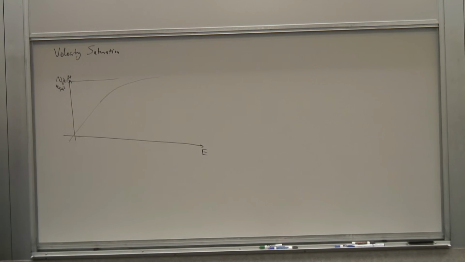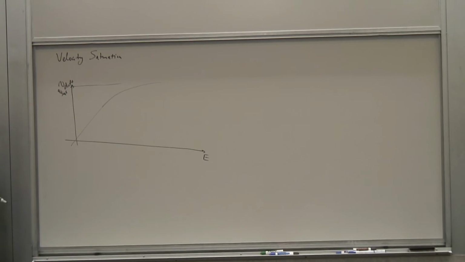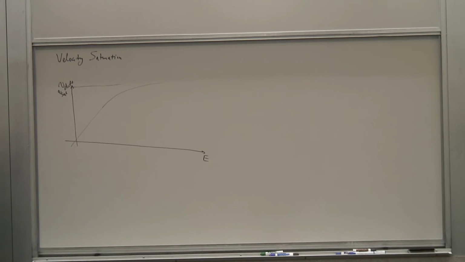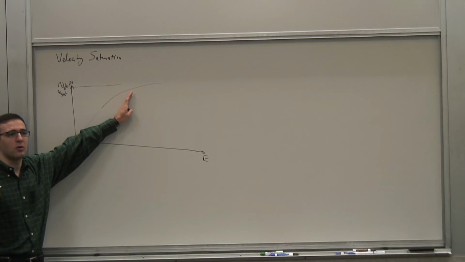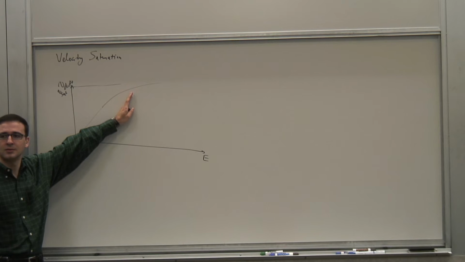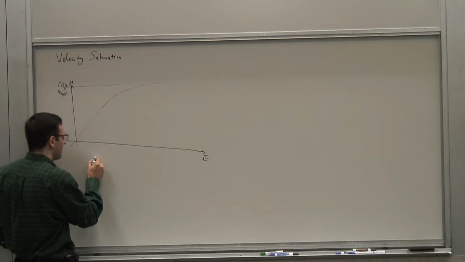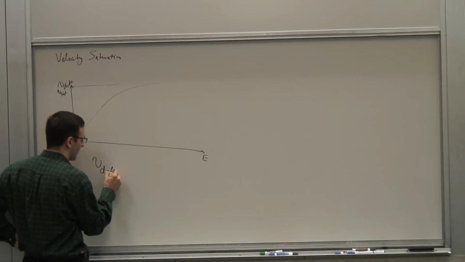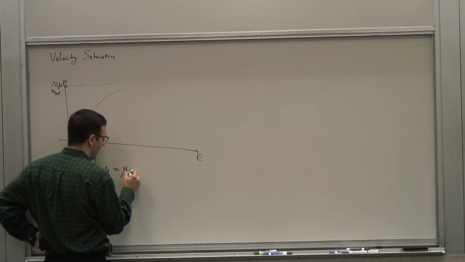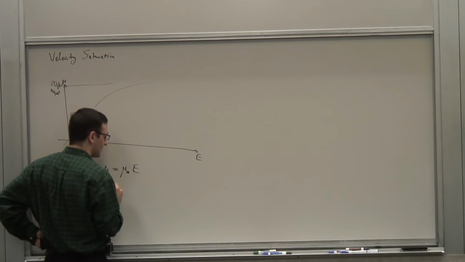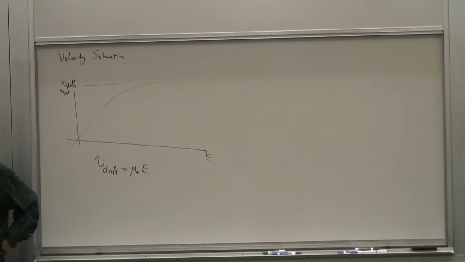Now, the problem is that nowadays the devices we make, and they have been for a while, actually for the last 10 years at least, or maybe even the last 15 years, we are in a velocity saturation mode. So that basic assumption that V drift is simply mu n E does not hold anymore.